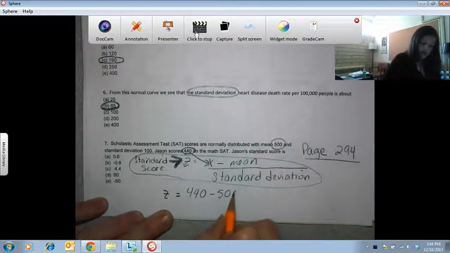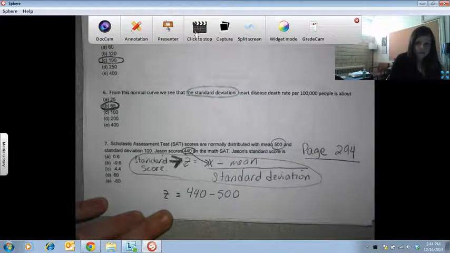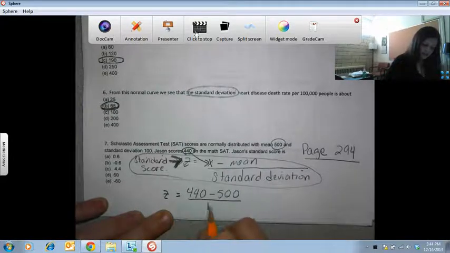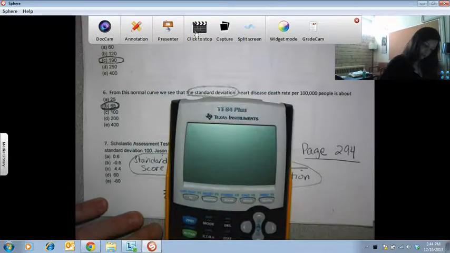And we already know he's going to have a negative score, so he's going to be lower than the mean, because this is going to give us a negative number. Divided by the standard deviation, which is just 100. If you solve for that, you should get, let's see, 440 minus 500 divided by 100. Negative 0.6.